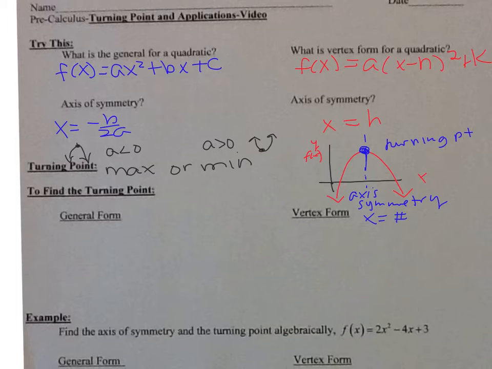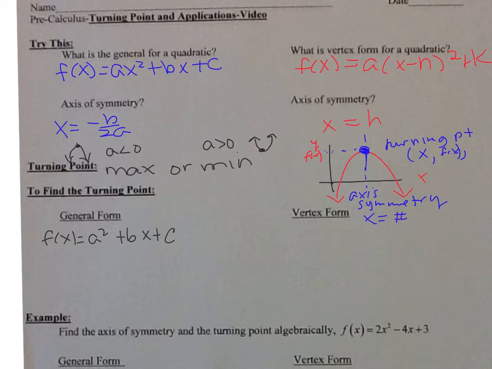Okay, so remember that. So when you have general form, this is x equals whatever number, okay? So then how do I get my turning point? If I have my x value of this point, that's my axis of symmetry, how do I get my y value? Well, then I have to do f of x to get my y value. So it's really f of the turning point. All right, so when you have general form, which is f of x is equal to ax squared plus bx plus c, right?